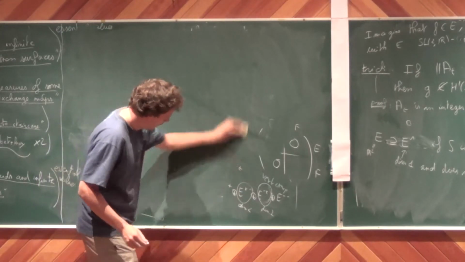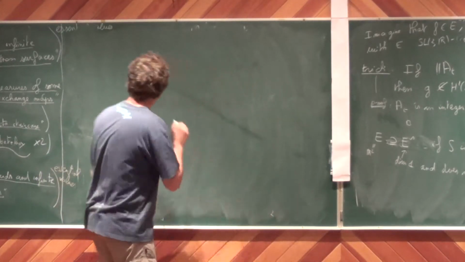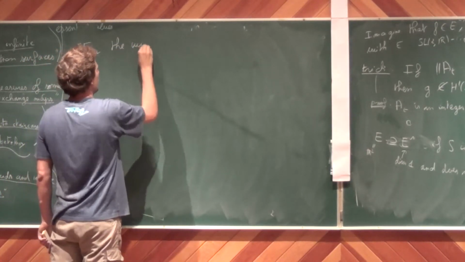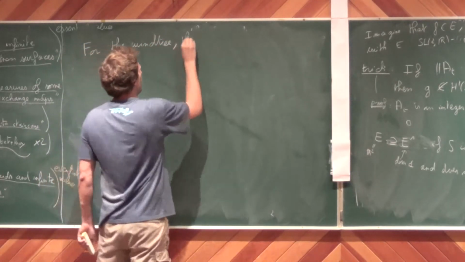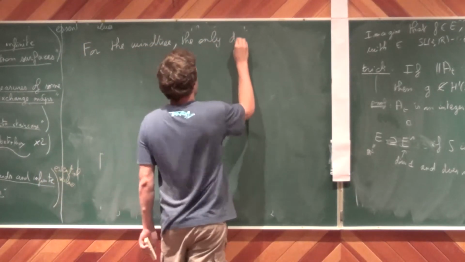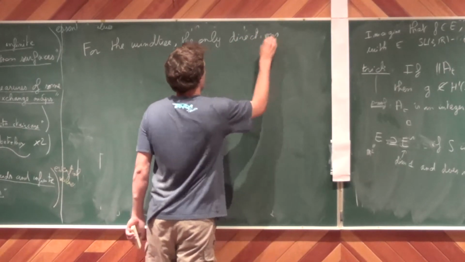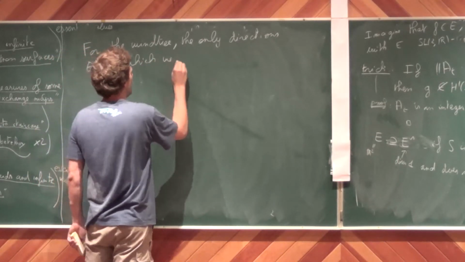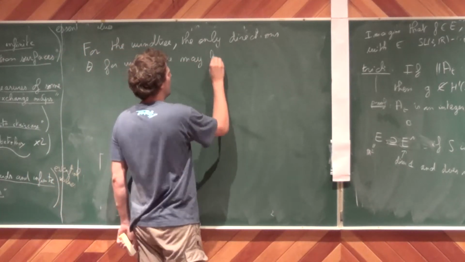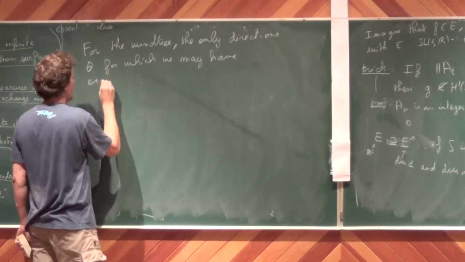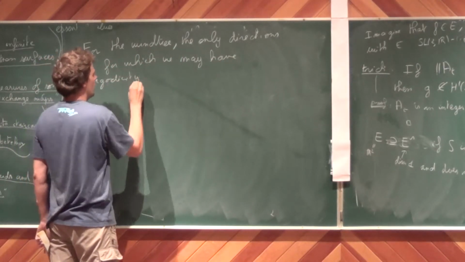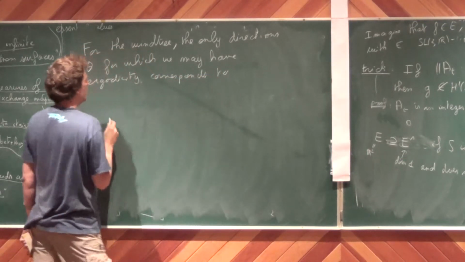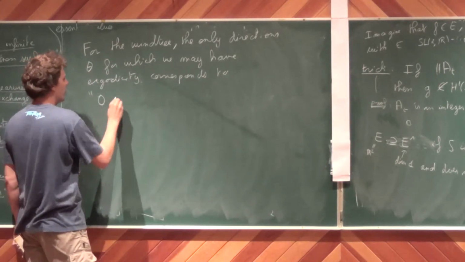So for the wind tree, well, for any rank 2 subbundle, for the wind tree, the only directions theta for which we may have ergodicity correspond, we would say, to 0 the Lyapunov exponent.